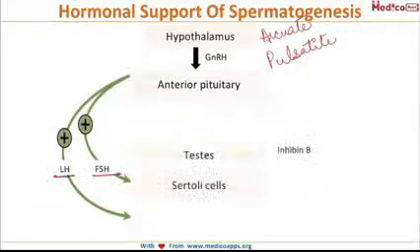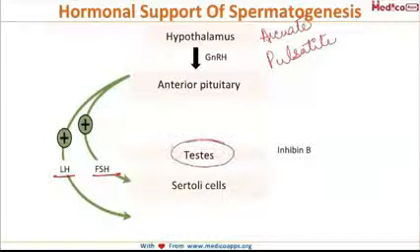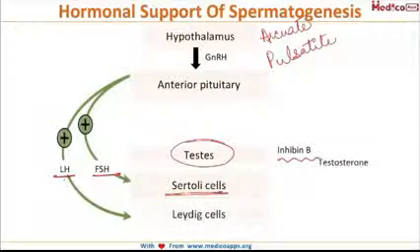Now what is the end organ for these gonadotropins? It is the testis. So FSH has its receptor on the Sertoli cells, and so it acts on the Sertoli cells releasing Inhibin B. And the LH has its receptor on the Leydig cells, and it leads to the release of testosterone. So how do you remember this?